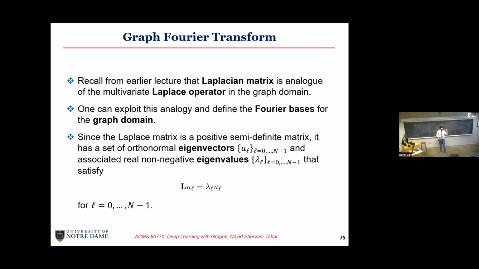So it has a set of eigenvectors that are orthonormal. I'm showing the set with vectors u_l, l from 0 to n-1, for a graph that has n nodes. And then it has a set of real non-negative eigenvalues that I represent here.